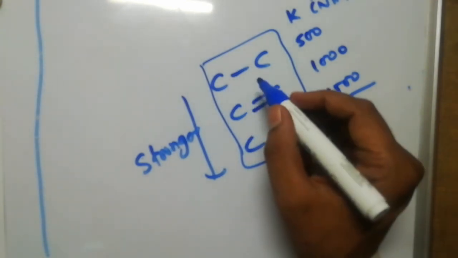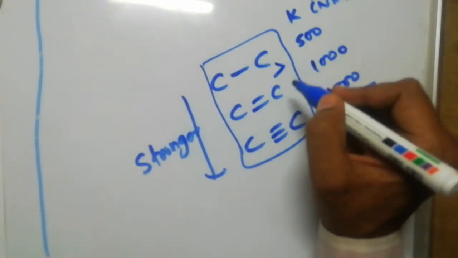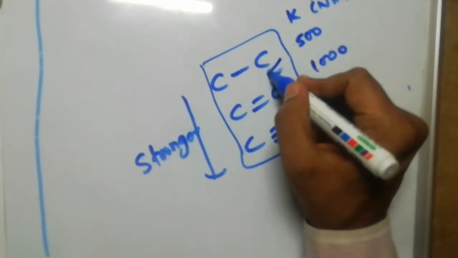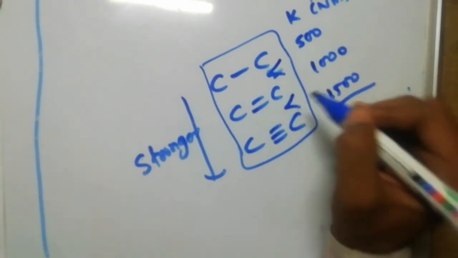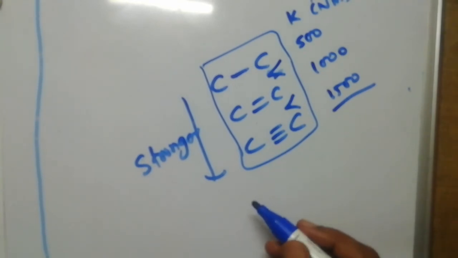If someone asks you to arrange it in increasing order, you will arrange it like this: carbon-carbon single bond has a lesser force constant than the double bond, which in turn has a lesser force constant than the triple bond.